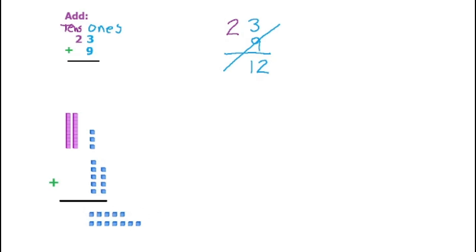And we can't leave it like this, right? Because you can't have greater than 9 in the ones. So we would have to take these blocks and move them to the tens.